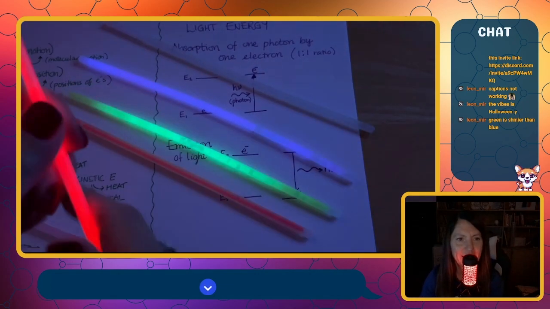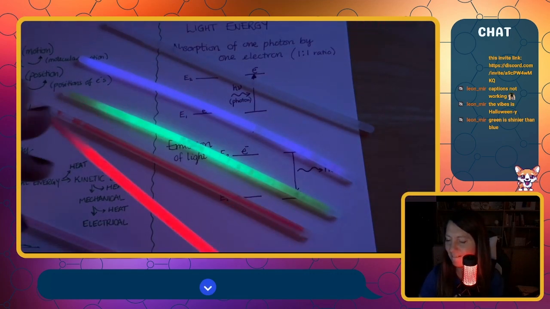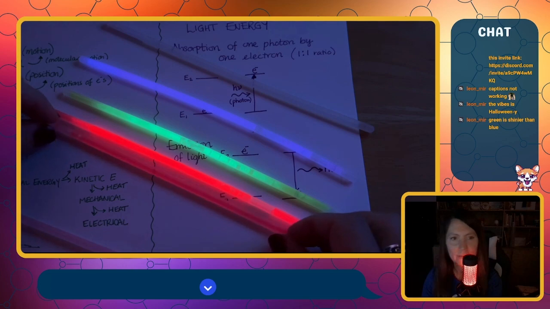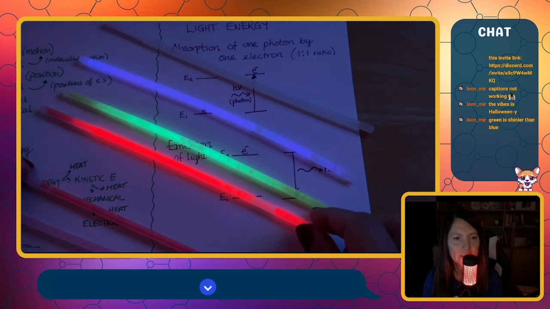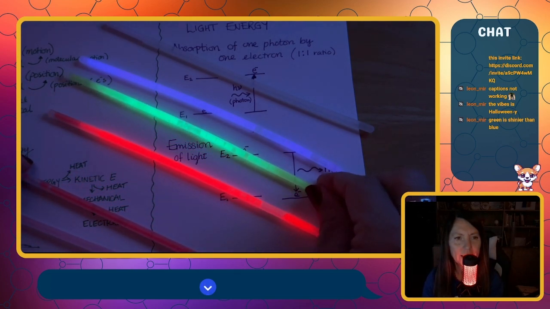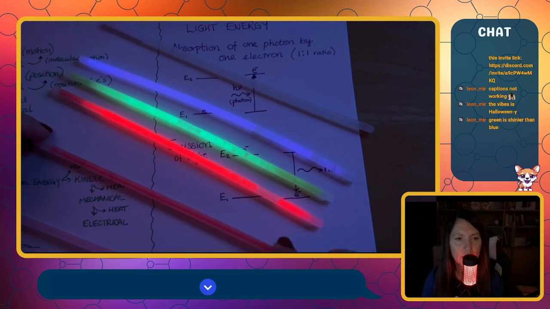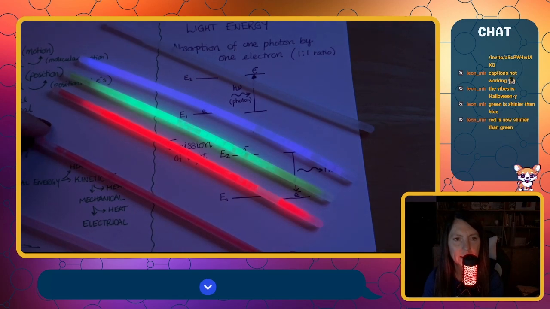Ha! Look at that. Yeah, so there's our red. Here's what the red looks like, not emitting. Yeah, the red is shinier than the green, isn't it? Isn't that cool?